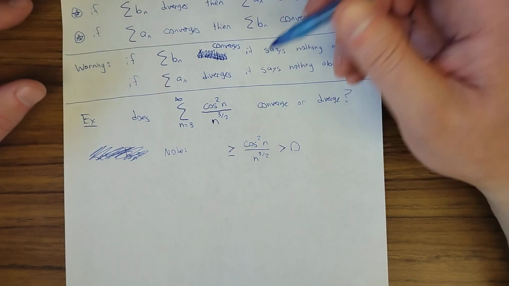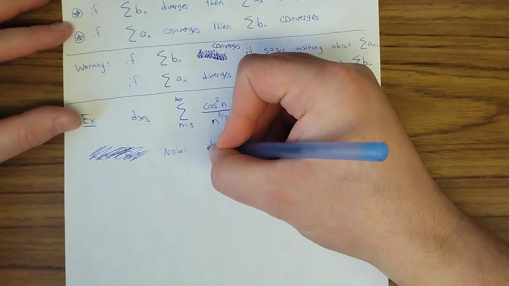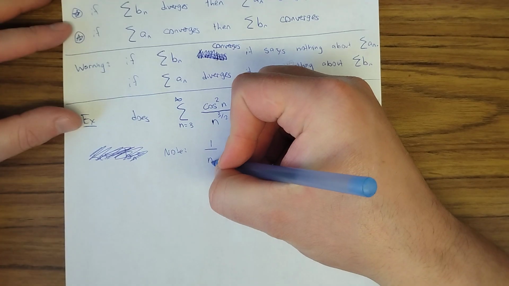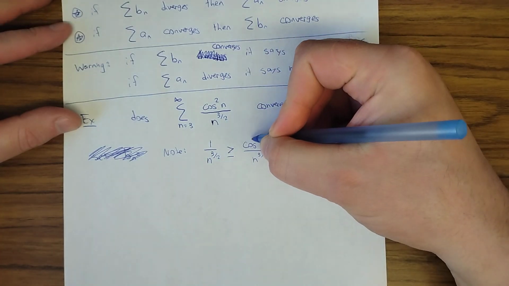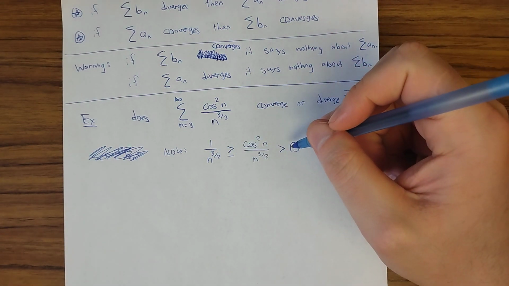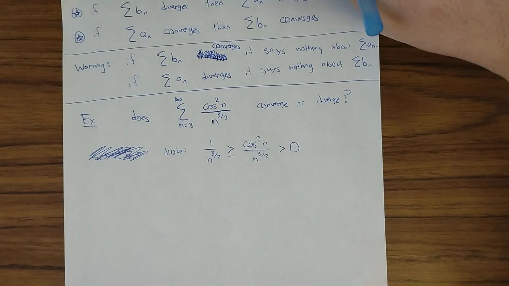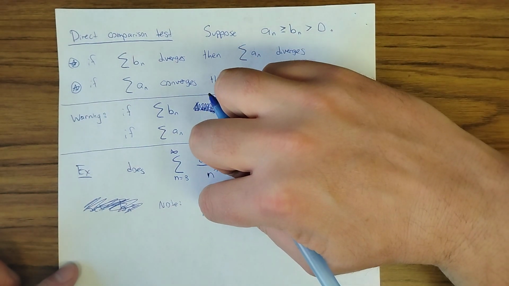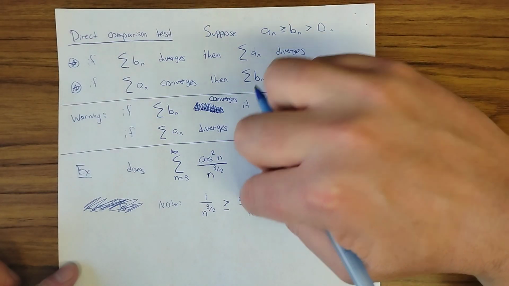And we're just going to use the basic fact that cosine is always less than or equal to 1. Of course, that means cosine squared is always less than or equal to 1. So I have an inequality here, and so maybe I'm going to let my a sub n be this guy, b sub n be this guy.